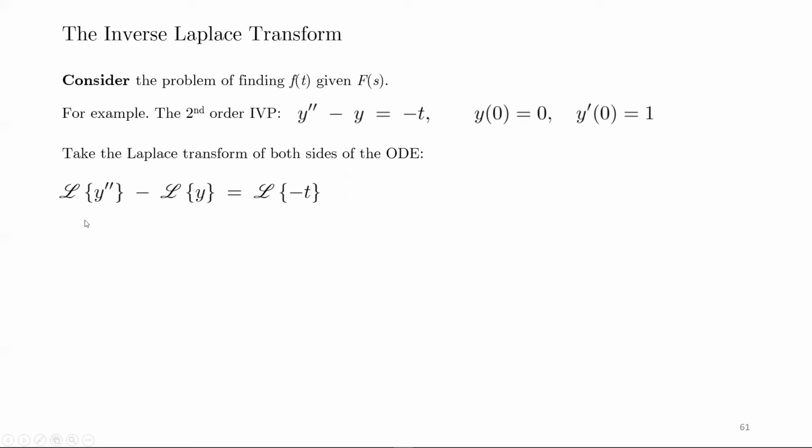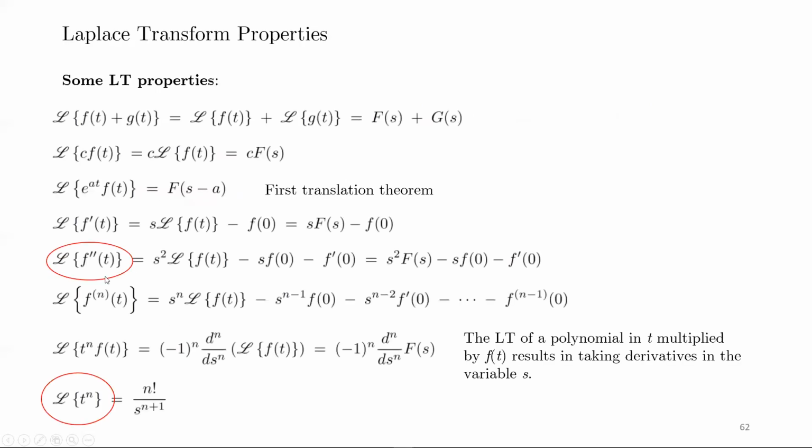The Laplace transform of y double prime, well, here we're going to use this property of Laplace transforms. The Laplace transform of a second derivative is equal to s squared times the Laplace transform of y, minus s times the first initial condition, minus the second initial condition.